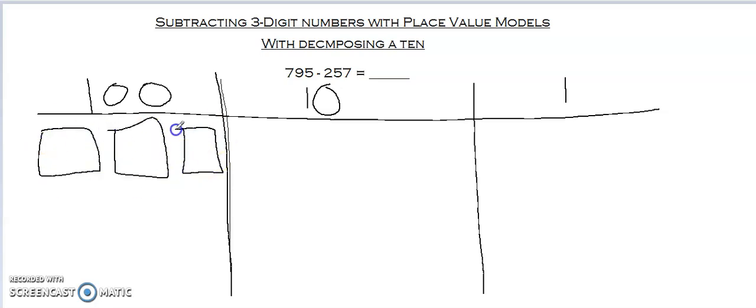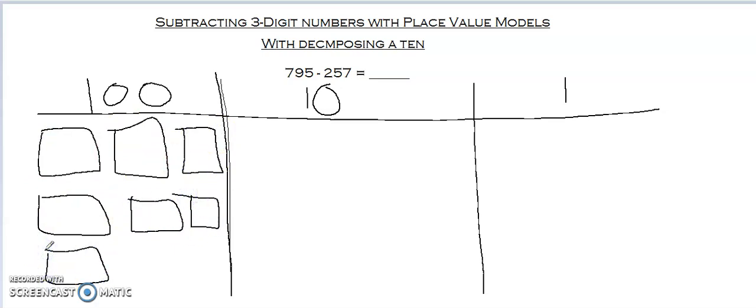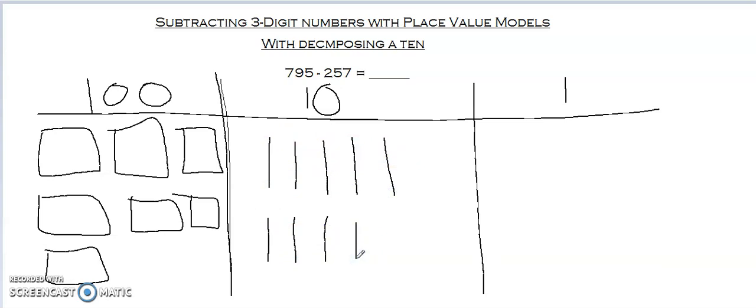In the hundreds place, there's a 7, so I will draw 7 hundreds. In the tens place, there is a 9, so I will draw 9 tens. And in the ones place, there are 5 ones, so I'll draw 5 ones.